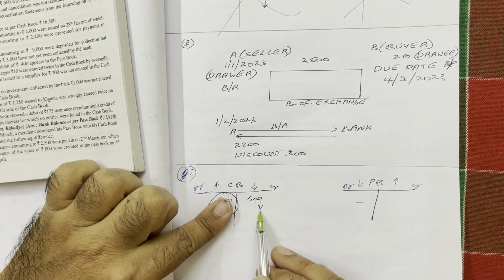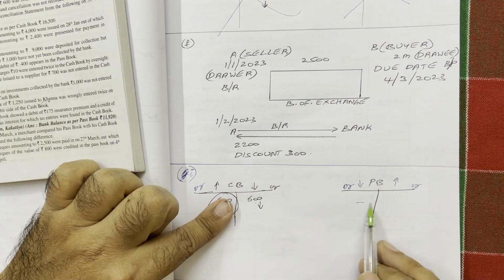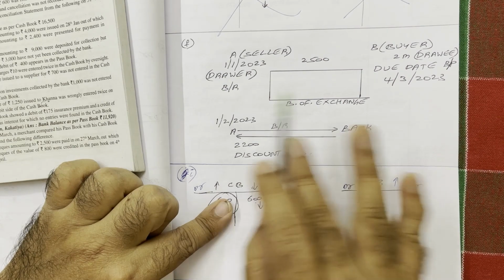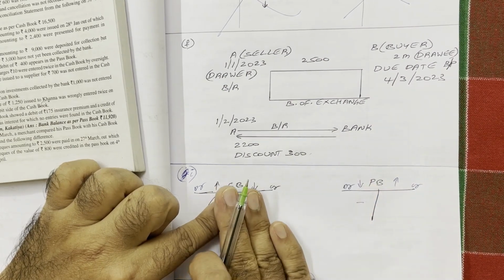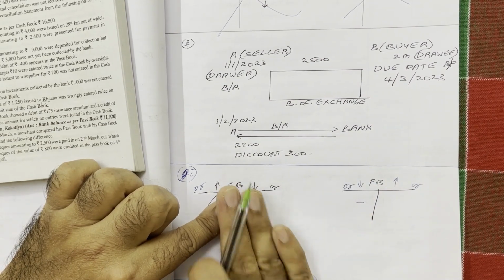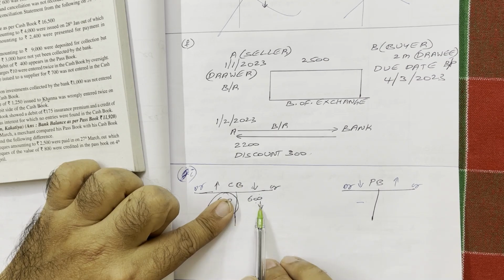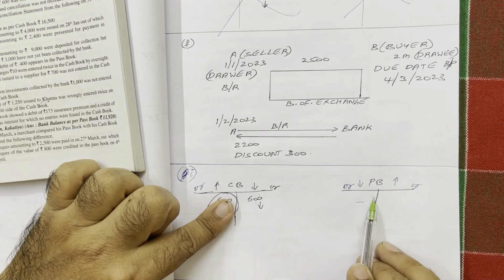Only the issue is recorded, but the cancellation is not recorded in the cash book. 600 is decreased as per cash book, but not decreased as per passbook. So there is a difference. Now we are preparing BRS by taking cash book bank balance, no? Therefore adjust cash book as per passbook. As per passbook, nothing is decreased. But in cash book we decreased 600. Now this decreased amount 600 we should cancel to make it equal with passbook balance.